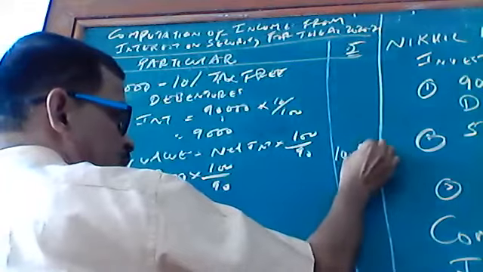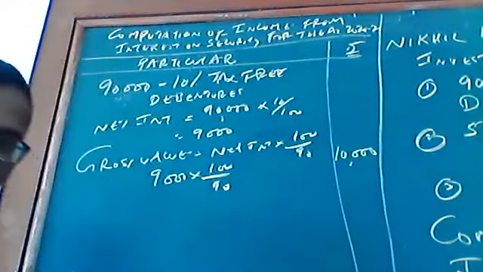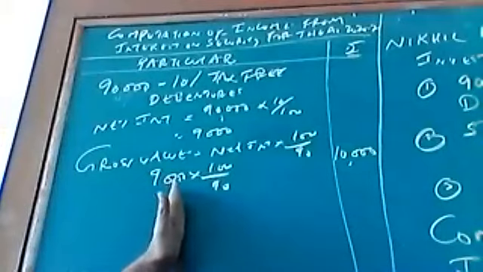You got the gross value as 10,000. This is how to calculate gross interest value, in case of tax-free commercial security or tax-free private security. It may be listed or unlisted, it may be anything.